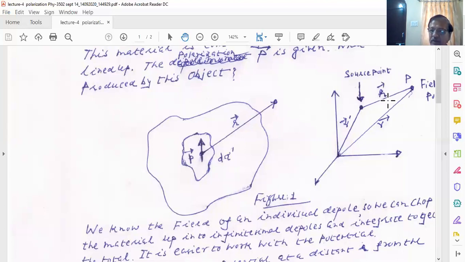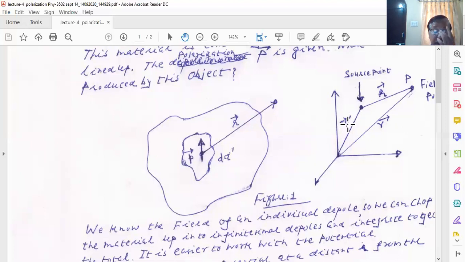Now, with respect to the origin, the position vector of the field point I define as a vector r. You can see this. So there are symbols which we will take care of. This is basically known as the source coordinate.